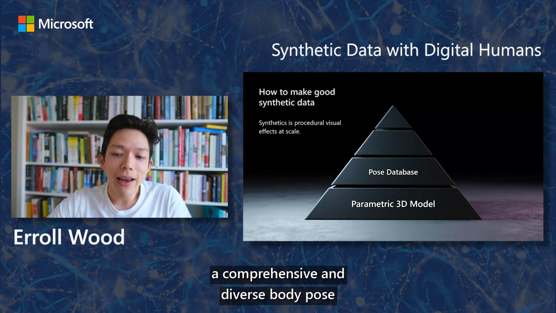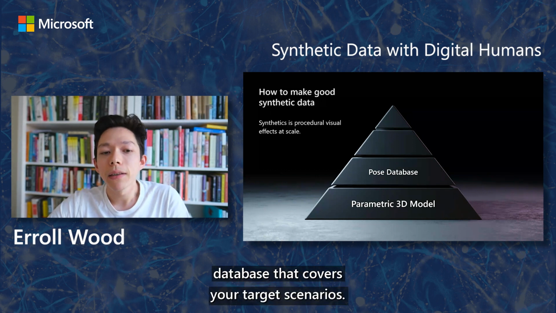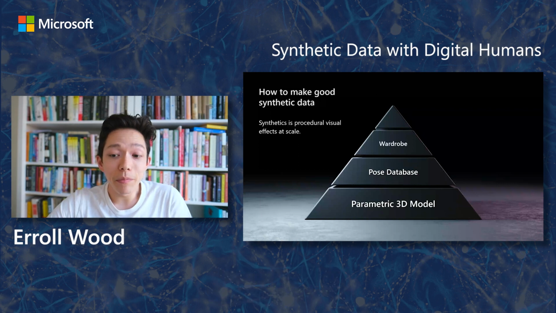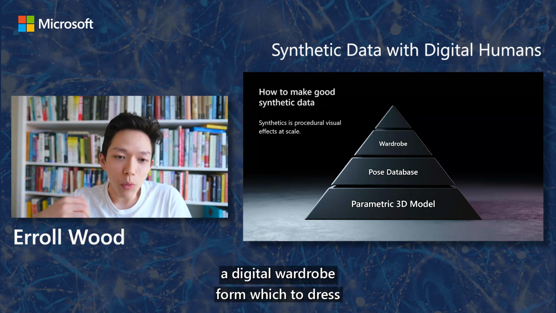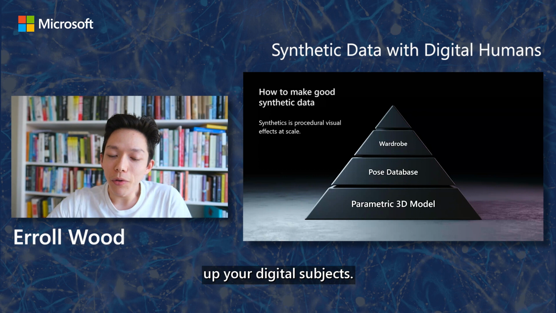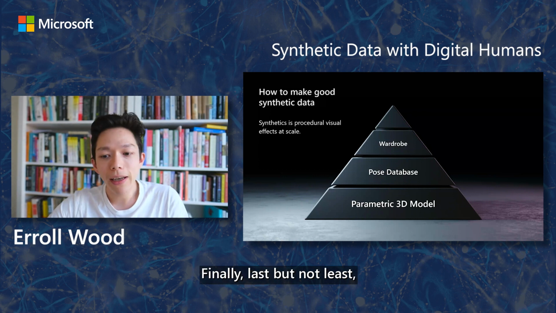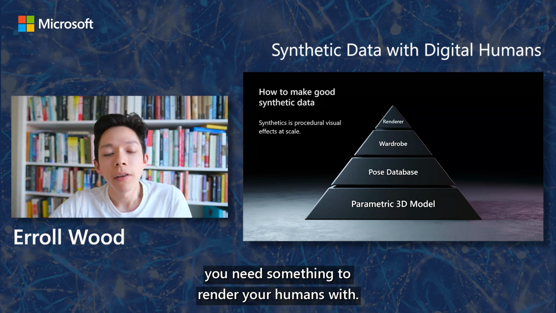So you also need a comprehensive and diverse body pose database that covers your target scenarios. And then, a key part of human diversity is what we wear. So you need a digital wardrobe from which to dress up your digital subjects. And finally, last but not least, you need something to render your humans with.